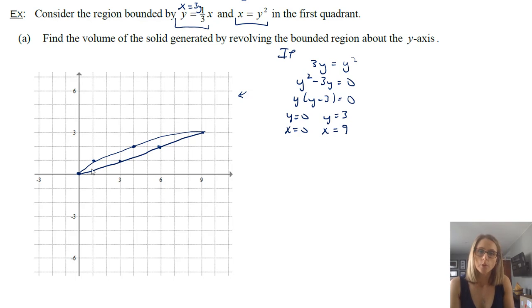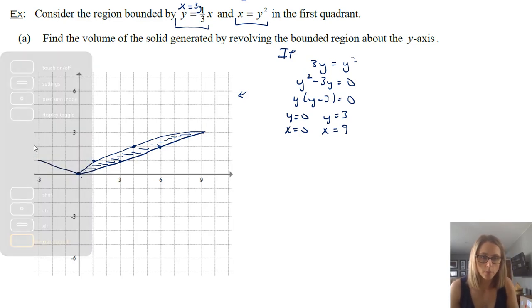Okay, but what we're doing with this is we are rotating it around the y-axis. So it's now going to come out here, and it's going to keep coming out here. And then this piece is going to reach out that way.